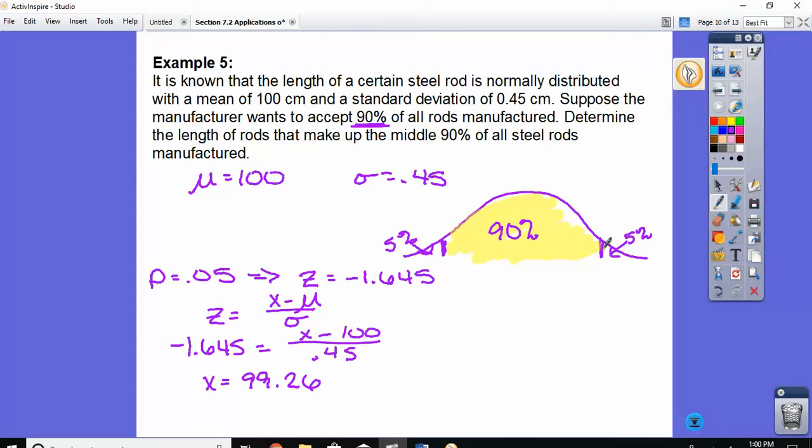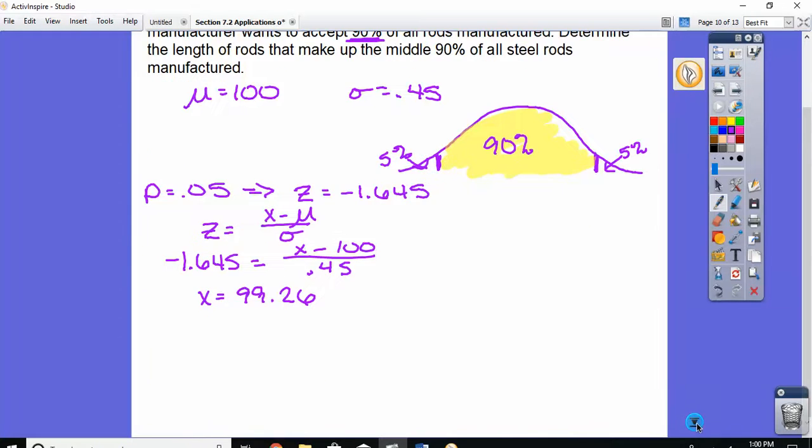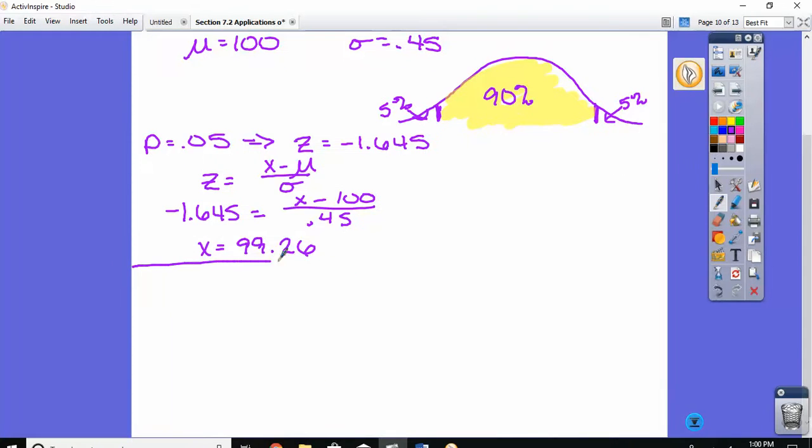I still need to find this length up here, don't I? So we're going to go through the same process. Our P, P is area to the left. If there's 5% to the right, how much is to the left? 95.